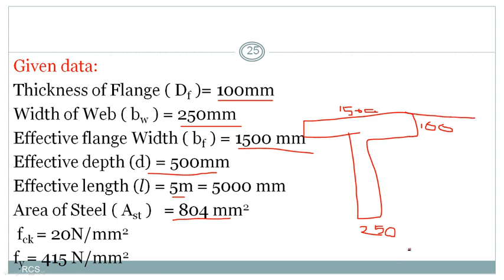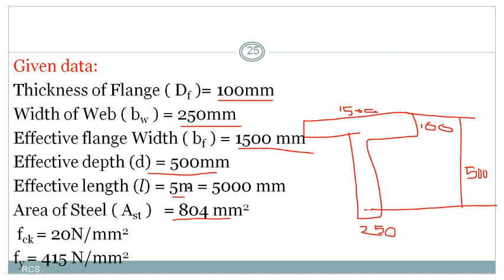This is from here to here. Here we have the center of tensile reinforcement. This is the effective depth, so that is 500.